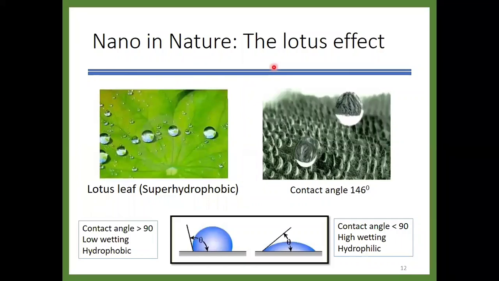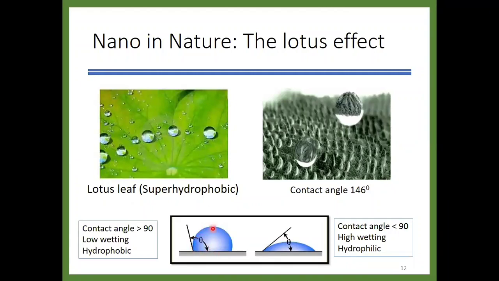Right? So the wetting phenomena, I think you are familiar. The wetting phenomena is associated with the contact angle that a liquid would make with the surface which is in contact with the droplet, right? So if we have any droplet on any surface, if its contact angle is higher, that is greater than 90, we have low wetting.